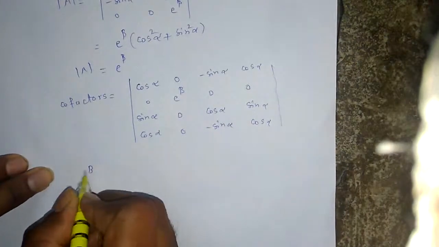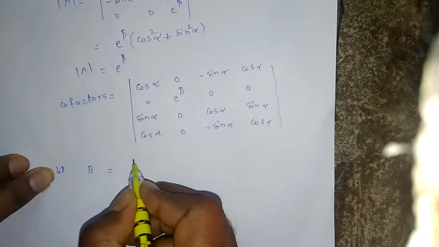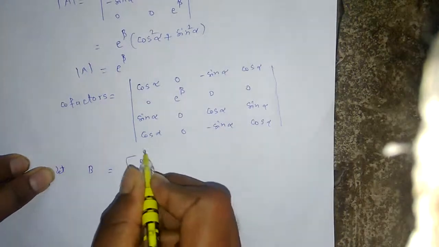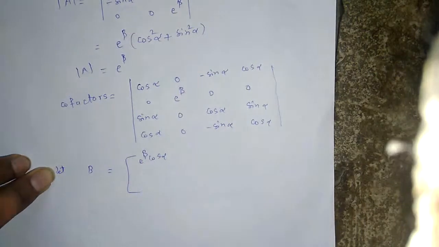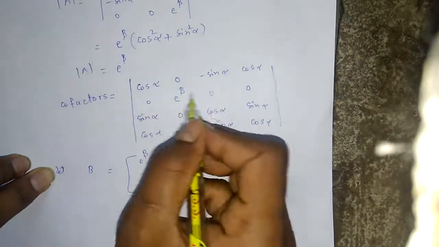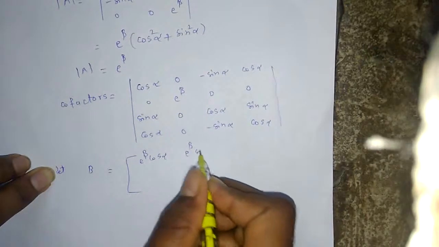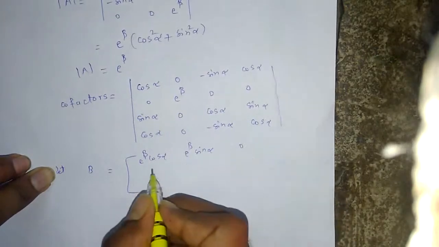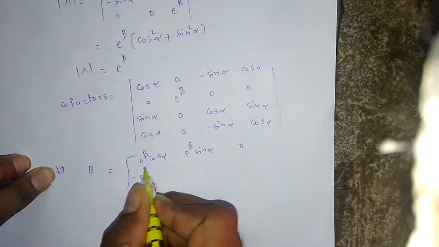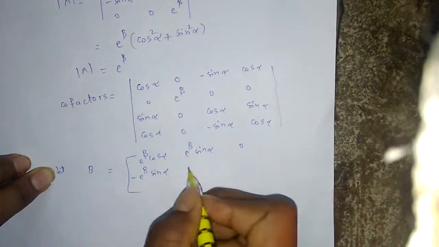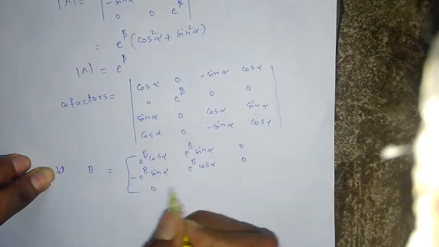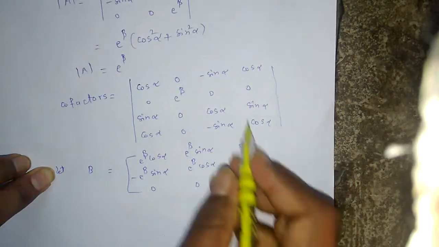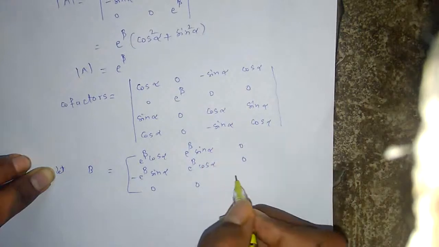So here the cofactor matrix, let us take it as B, will be: e power beta cos alpha, e power beta sin alpha, 0; minus e power beta sin alpha, e power beta cos alpha, 0; 0, 0, and here you will get cos square alpha plus sin square alpha, that is 1.